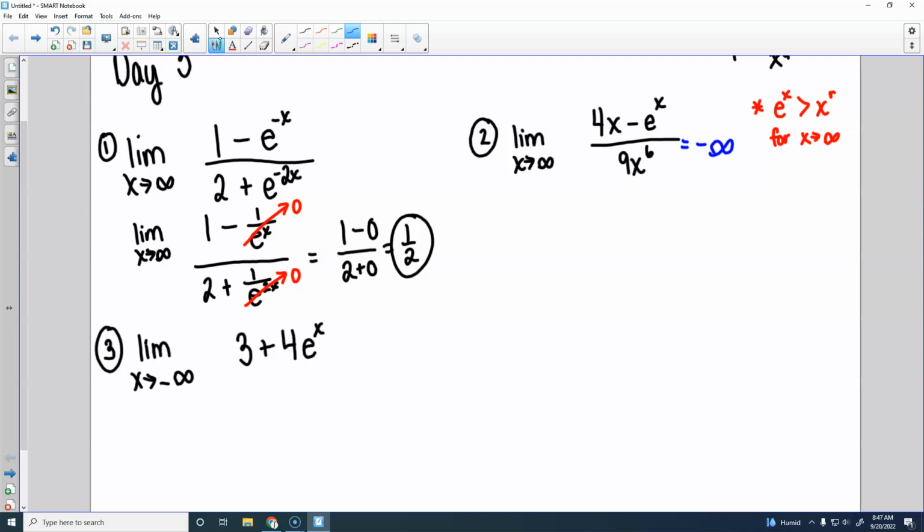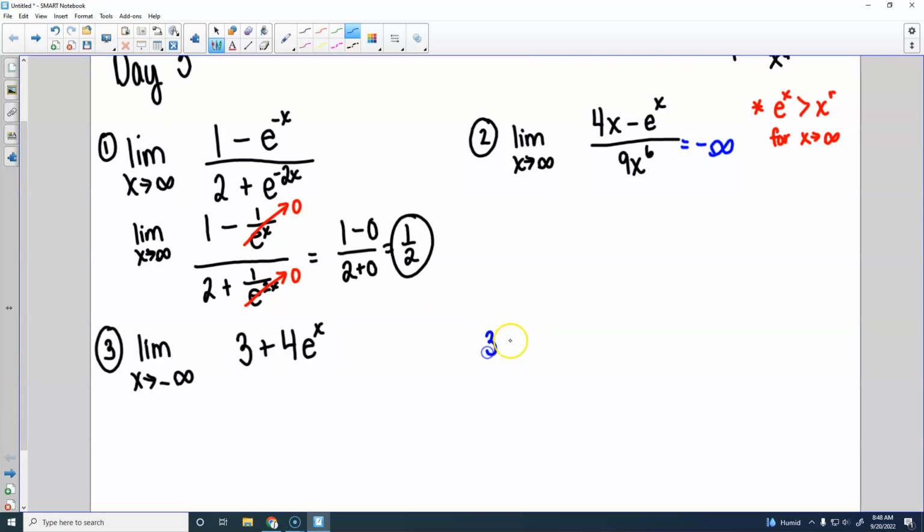All right, now number 3, hopefully you saw that this is the limit as x approaches negative infinity. With e's, this makes these problems weird. Because if this was positive infinity, you don't even have a fraction here. These numbers would just get bigger and bigger. Does that happen as x approaches negative infinity? Think what's going to happen.